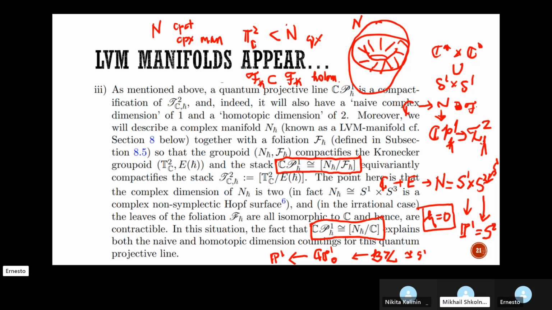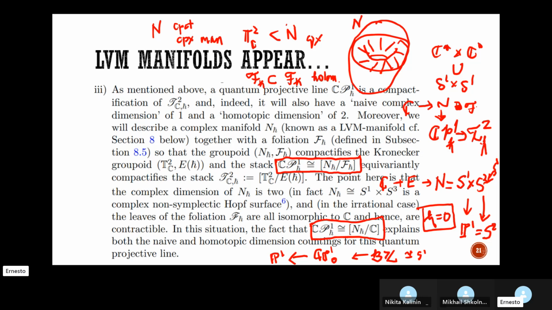Does it mean that your resulting manifold has a higher dimension, like it's three-dimensional, or does your dimension count still tell you that it's a complex curve? Well, I'll say it a little bit better in a second.